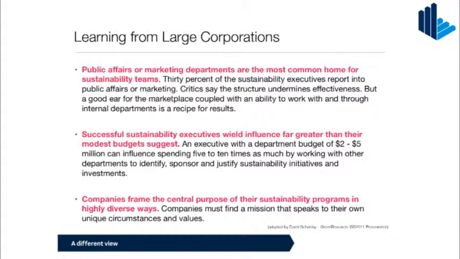The second interesting finding is related to budget issues. Particularly, it was found that sustainability executives do have their own budgets, but also they basically influence other budgets coming from other parts of the organization.